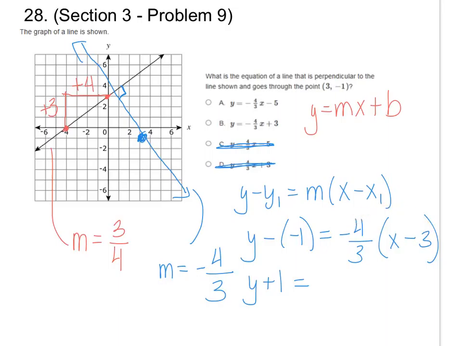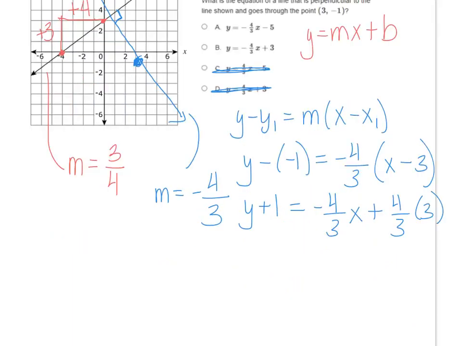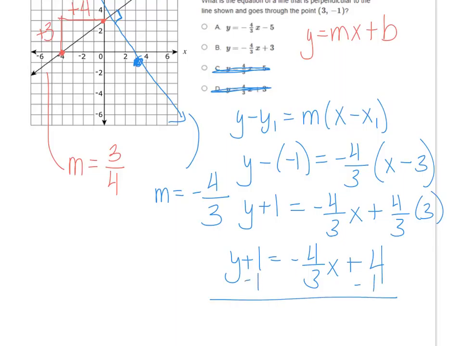Negative 4/3 times x is just negative 4/3 x. Then negative 4/3 times negative 3: a negative times a negative is positive, so I can put a plus there, and 4/3 times 3 is just 4. So y plus 1 is equal to negative 4/3 x plus 4. Now I'm going to subtract 1 from both sides. So I get y equals negative 4/3 x plus 3.